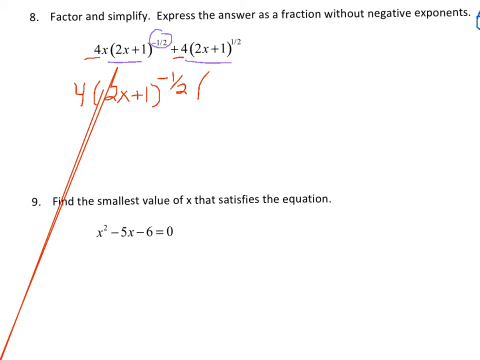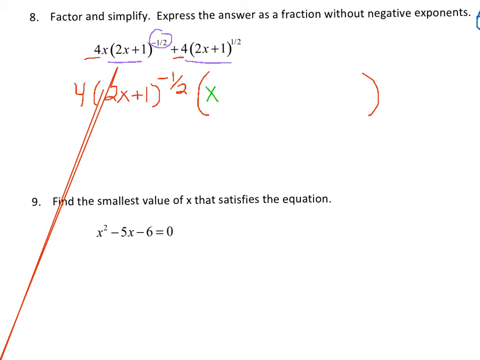So now the challenge is to see what's left over. For the first term, we still have the x left over. Since we factored out the -1/2, that is no longer left there. So let me erase that.